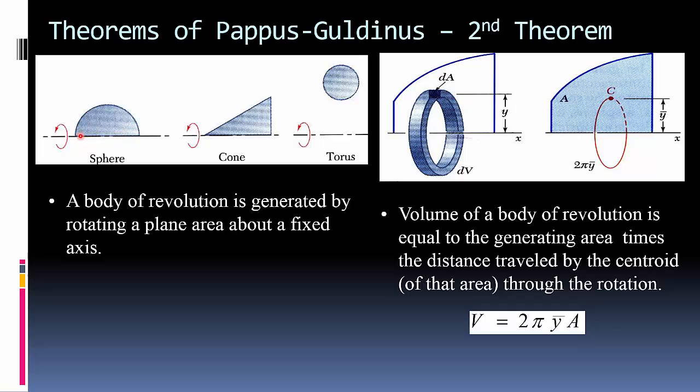You can go through and do that and find that gives you the equation of the volume of a sphere. And so for any area, you can rotate it and create a volume or a body, and you can figure out the volume of that body by doing this right here: the distance that the centroid of the area travels times the area itself.